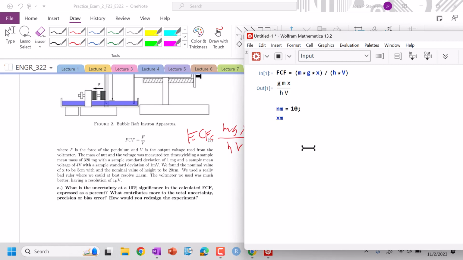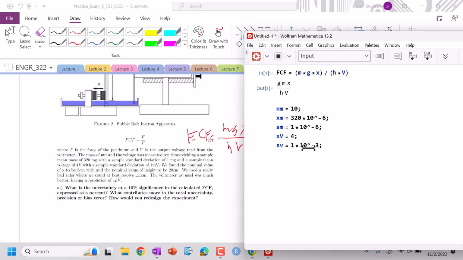The xm is equal to 320 milligrams, times 10 to the minus 6 because we have to do kilograms. Standard deviation of 1 milligram, so equals 1 times 10 to the minus 6 kilograms. We found the X voltage was equal to 4 volts. The S voltage was equal to 1 times 10 to the minus 3.